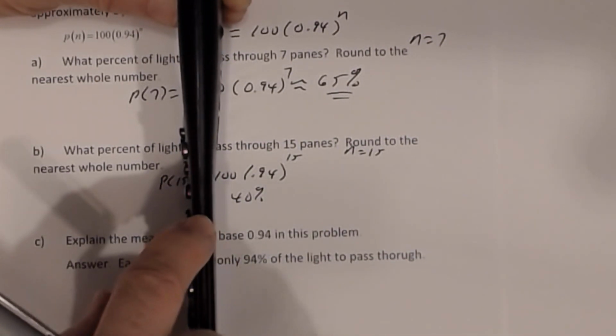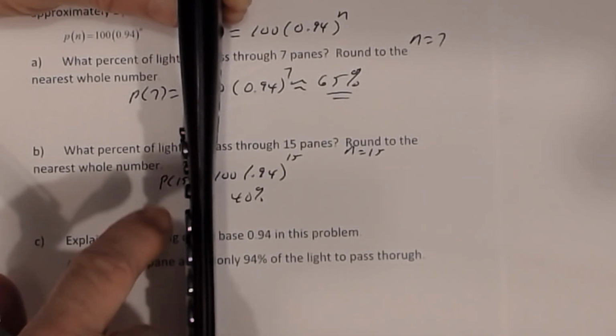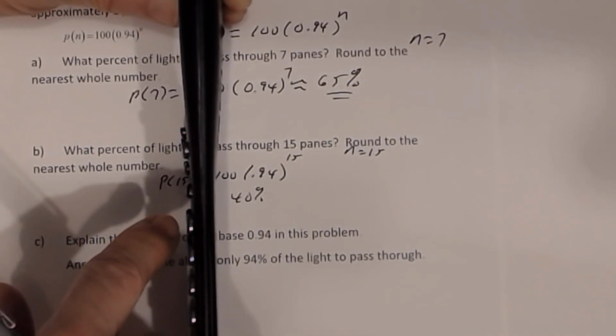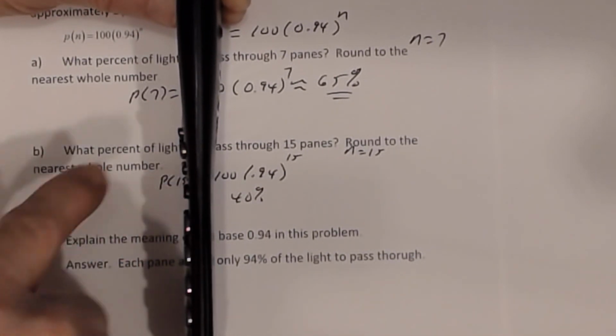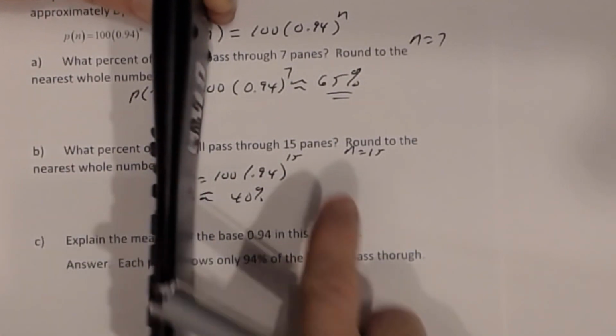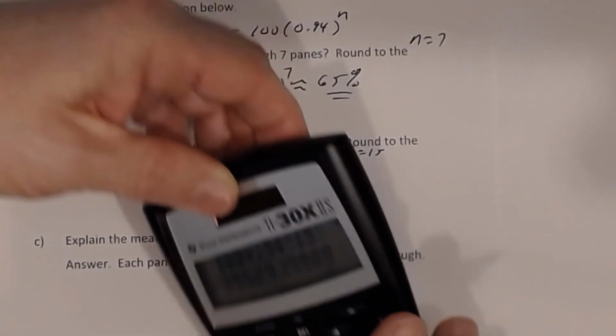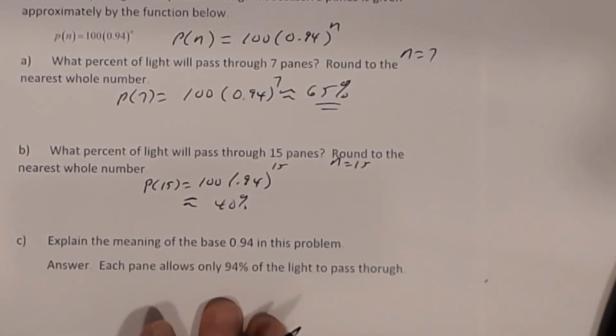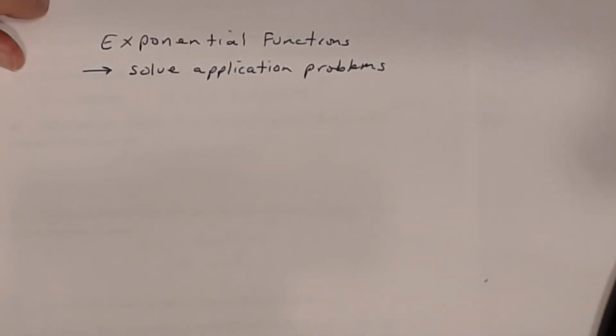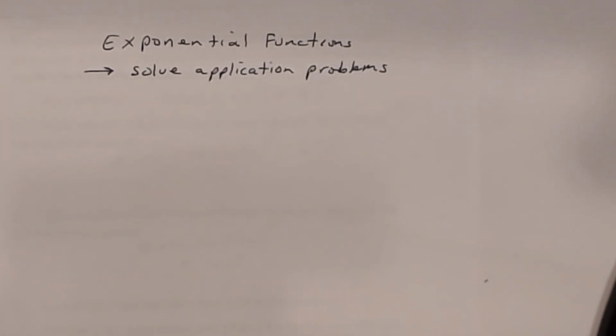It loses 6%, so only 94% of the light will come through. Then the other pane will block 6% of that 94%. That's what this is. So that is some problems on solving application problems involving exponential functions.